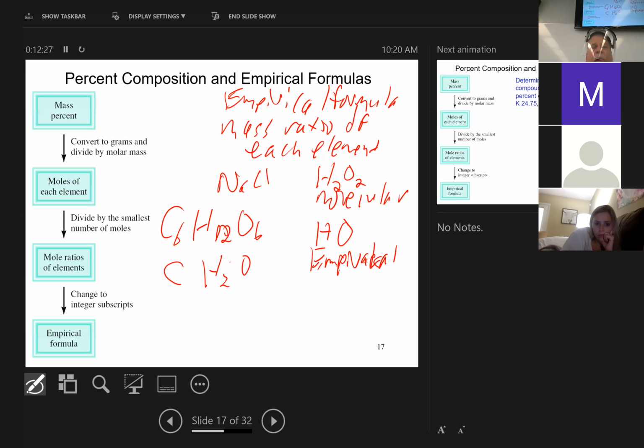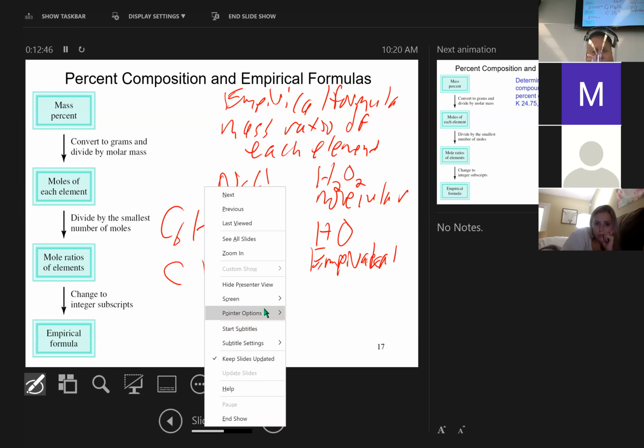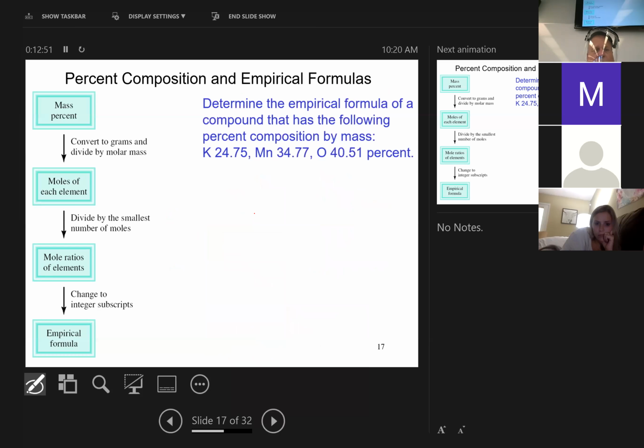And that's one reason sugar, or glucose in this case, is called a carbohydrate, because it appears there's a water molecule there. But the real structure is a little bit more complicated than that, okay? So essentially you have the mass ratio of each element associated with that. And essentially what he's showing you here is how to make these conversions to do this.